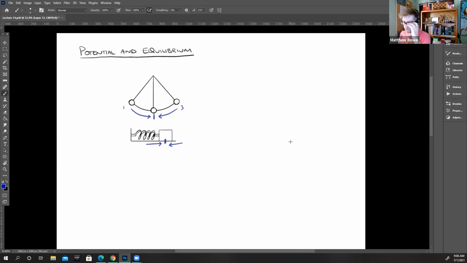We can make a graph of this process. We could graph the energy of the system. So we have a graph of potential energy as I move something just a little bit to the left or to the right. Up here at the top, we have potential energy. And this is just a little displacement.